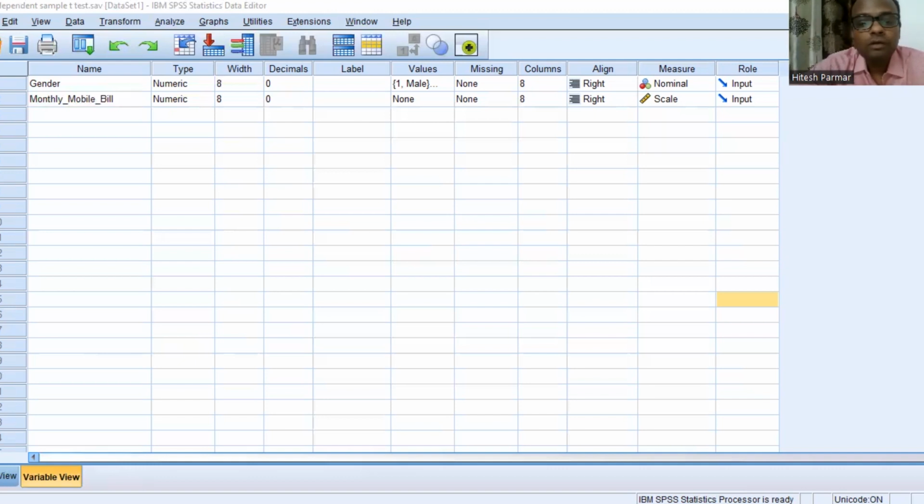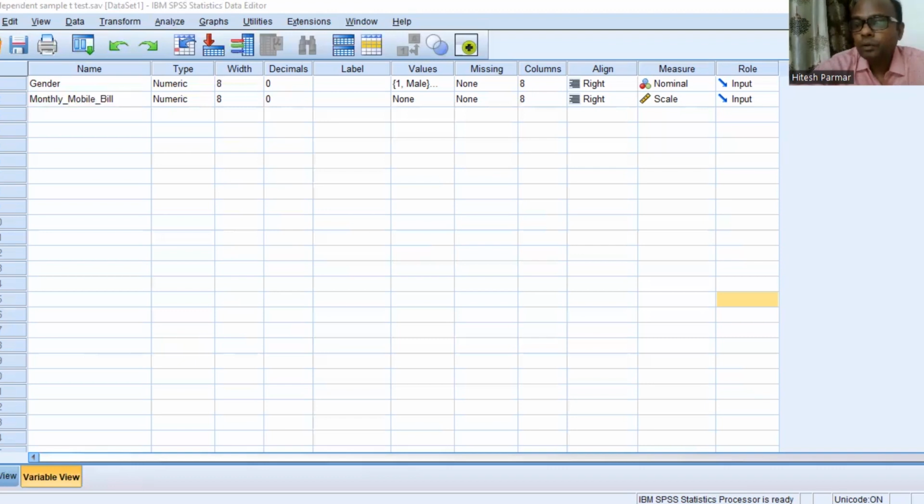First of all, we need to understand the null and alternative hypothesis for Levene's test. For Levene's test, the null hypothesis is that there is no significant difference in the variability of the two groups.